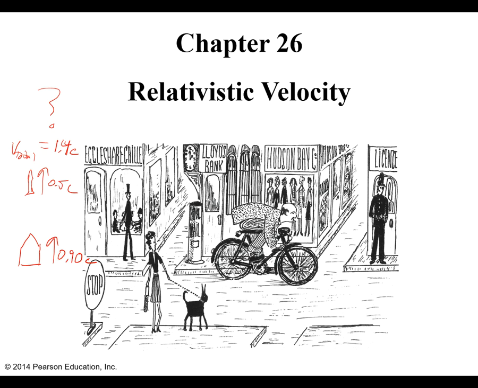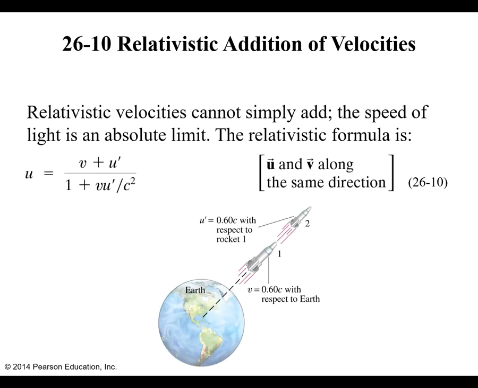Well, it turns out that when you're dealing with relativistic effects, you can't just add vectors to get a relative velocity. There is a way to solve for the relativistic velocity of another object.